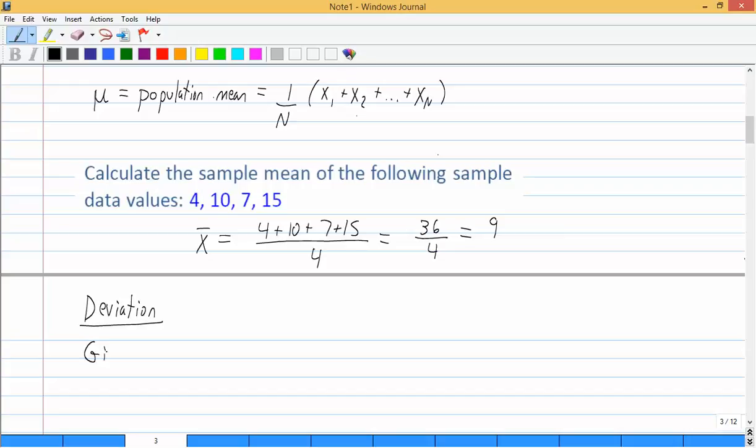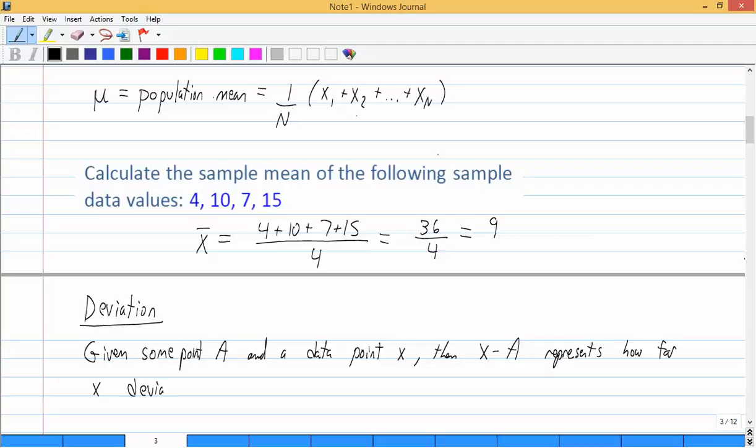Your book says that given some point A and a data point X, then x minus a represents how far x deviates from a. The difference is called a deviation.